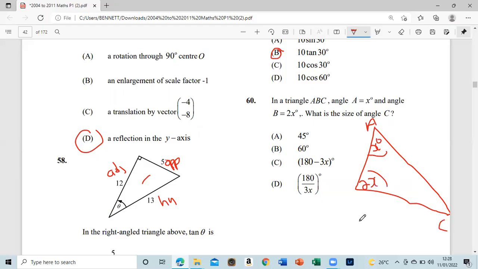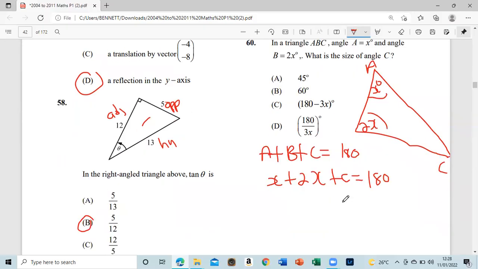We know that all three angles, A plus B plus C, must equal 180, right? So this would be x plus 2x plus C equals 180. So we add these and we transpose, and that will give us our answer.